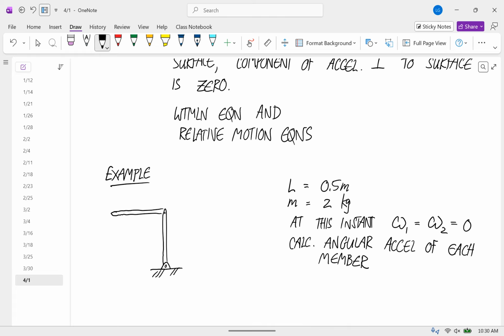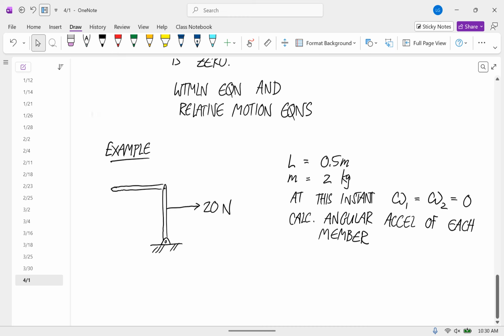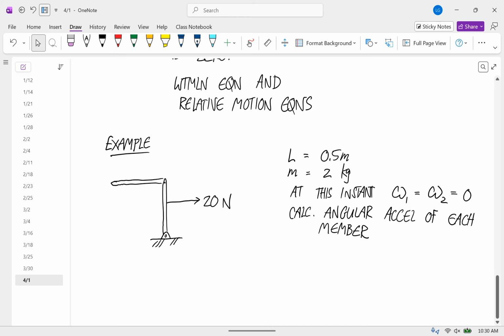And I'm going to apply one external force right at the midpoint of 20 newtons. Okay, so gravity is acting on both of these, and there's that 20 Newton force. I am going to label these this way, body 1 and body 2. And the joints, I'm going to call this A and B.